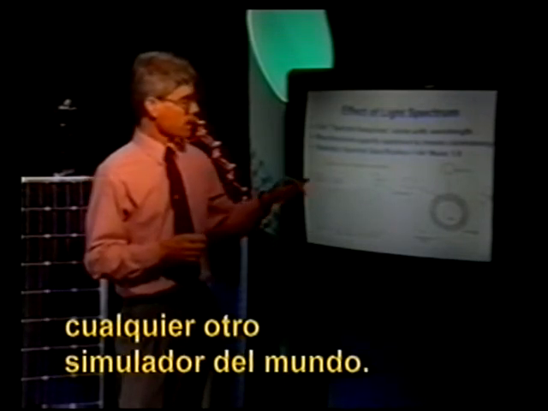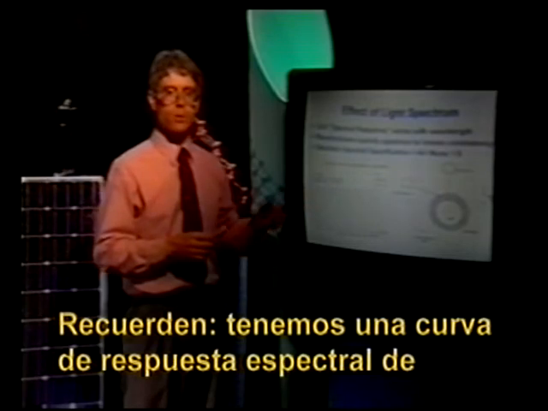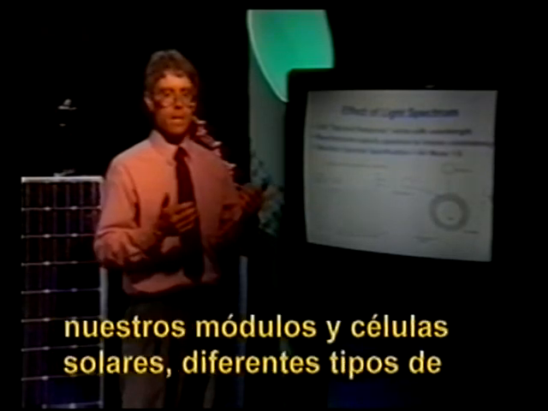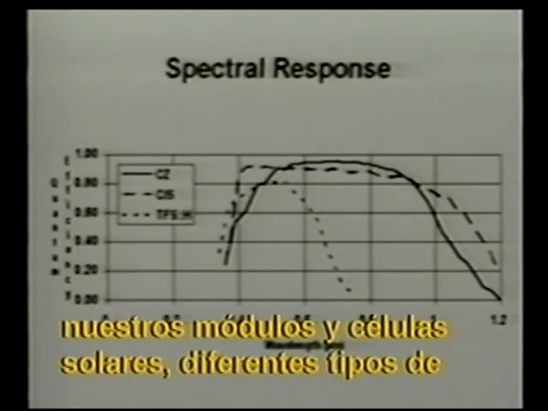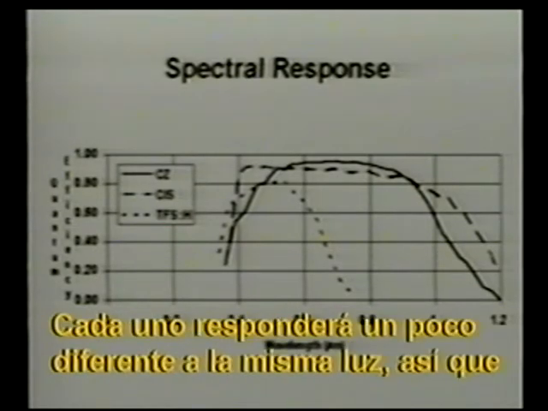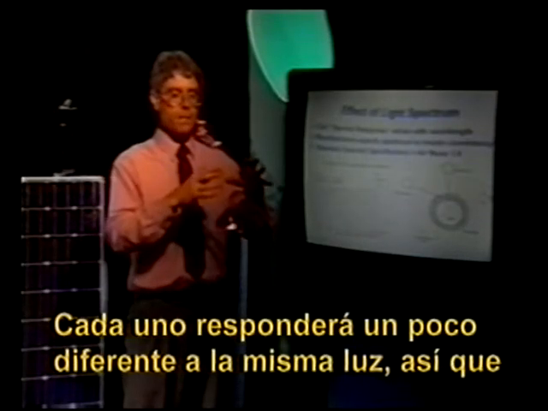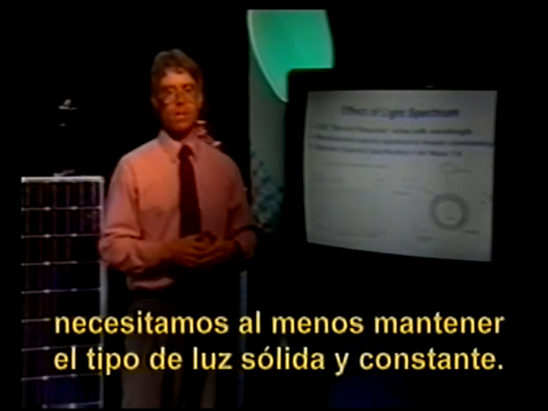Remember, we have a spectral response curve from our solar modules, our solar cells. Different types of technology, thin film silicon, copper and diselenide, single crystal silicon, these will all respond slightly differently to the same light. So what we need to do is at least hold the kind of light solid and constant.